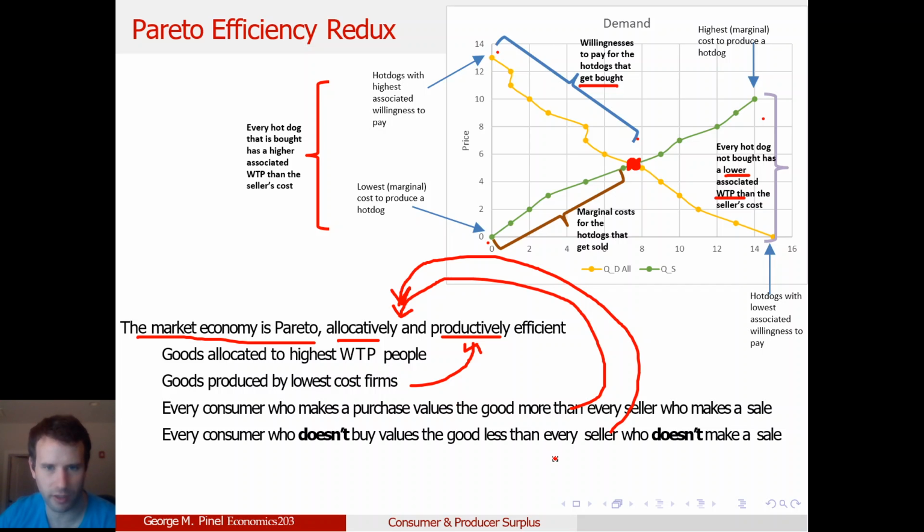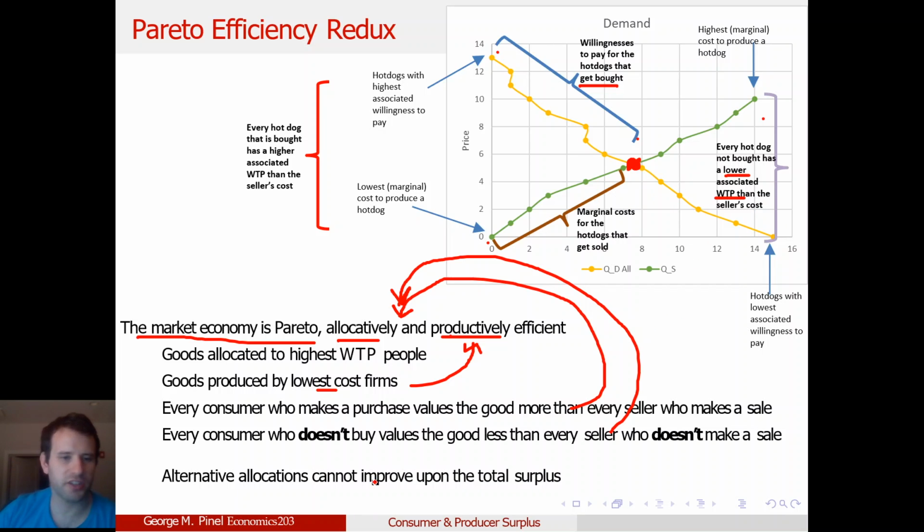Different ways of saying the same thing. Okay. So lowest cost firms, productively efficient. Allocatively efficient means that the higher willingness to pay people get the hot dog, lower willingness to pay people do not get the hot dog, and they don't get it because the cost to produce the hot dog is higher than their willingness to pay.